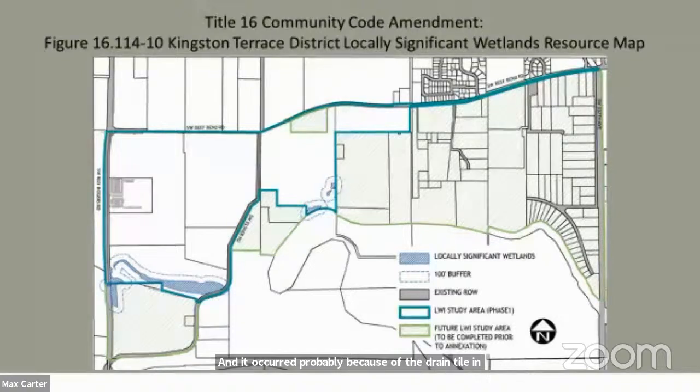But the other is a natural stream that comes on down, and much of that area, the other circle just above it, is just a natural occurrence, I believe, from what I've seen.